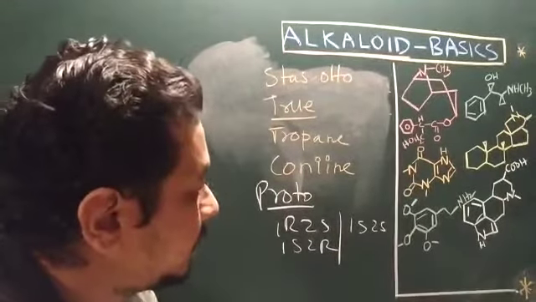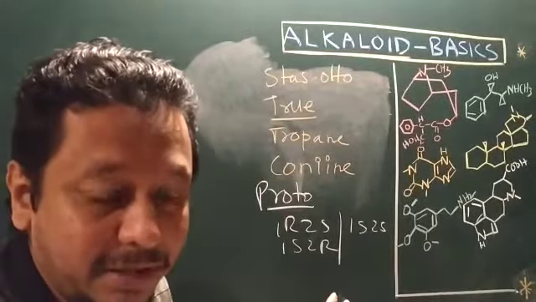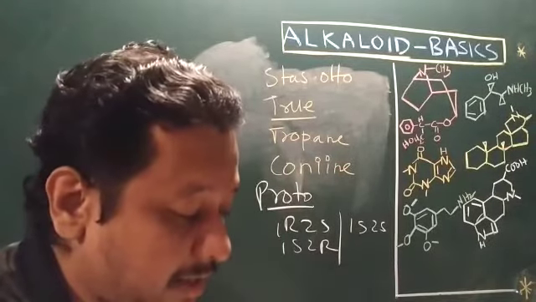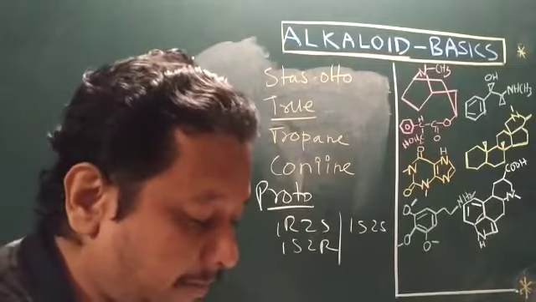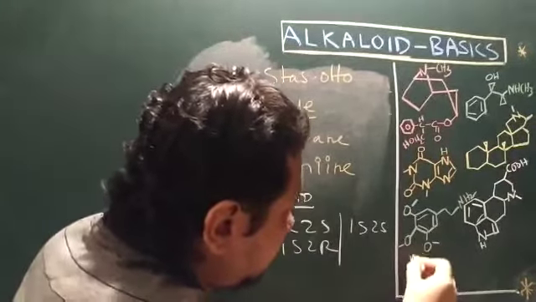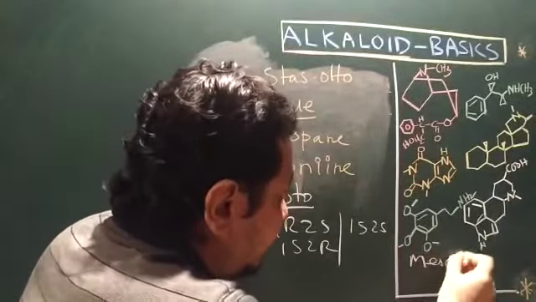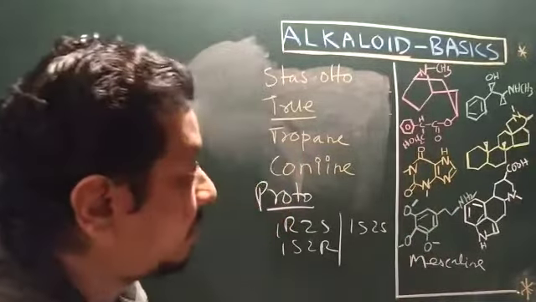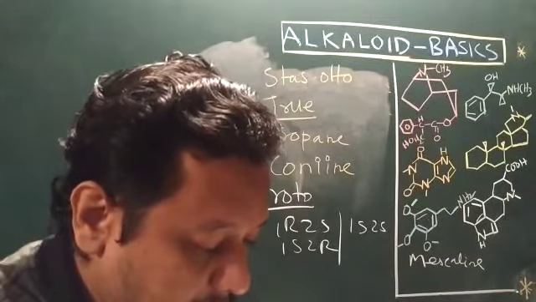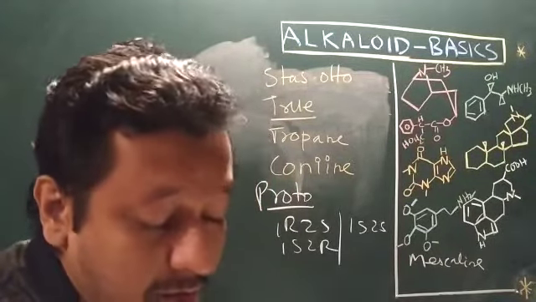I have already explained that in my stereochemistry video. Pseudoephedrine can be used as a nasal decongestant, and it is a protoalkaloid. And also you have mescaline, this is your mescaline. Then you have ephedrine, adrenaline. So those are protoalkaloids.